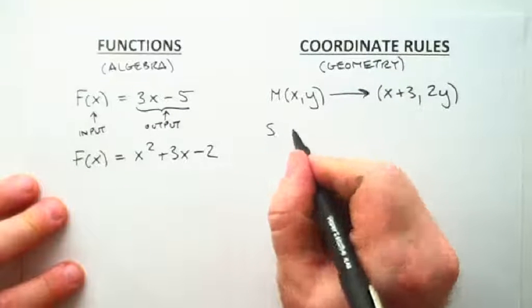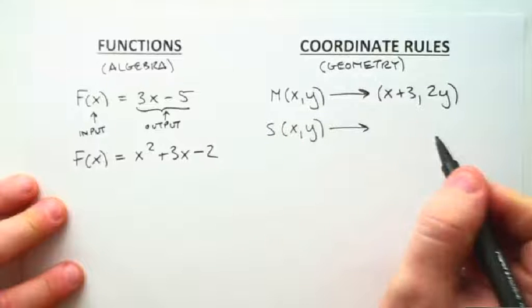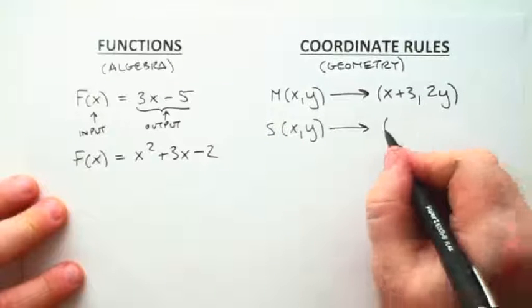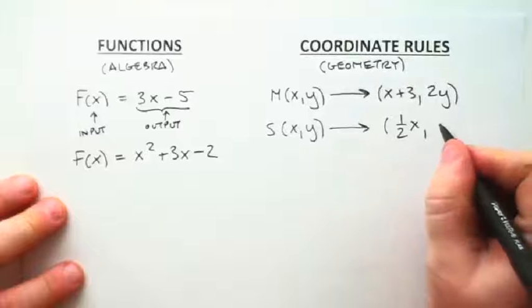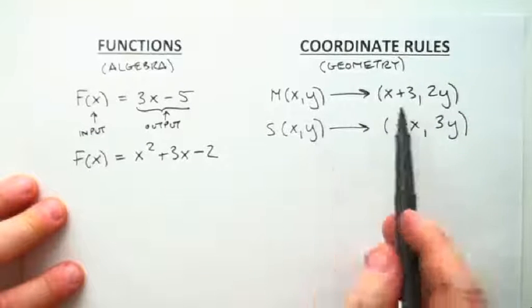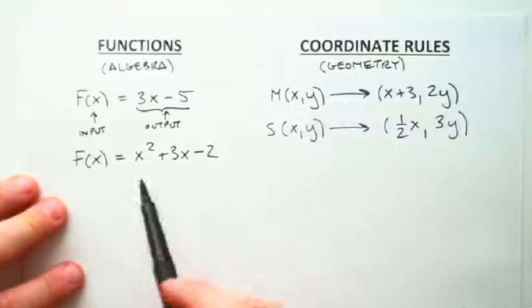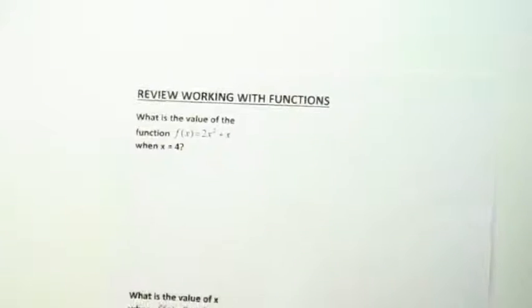Or maybe coordinate rule S could map all points (x, y) to (1/2 x, 3y). So these are coordinate rules, these are functions, they have a lot in common, and that's what we're going to review and teach in this little video.